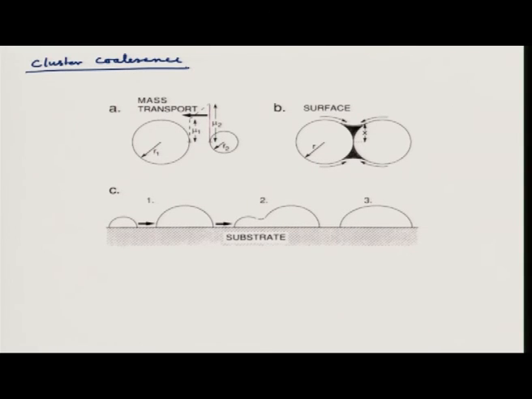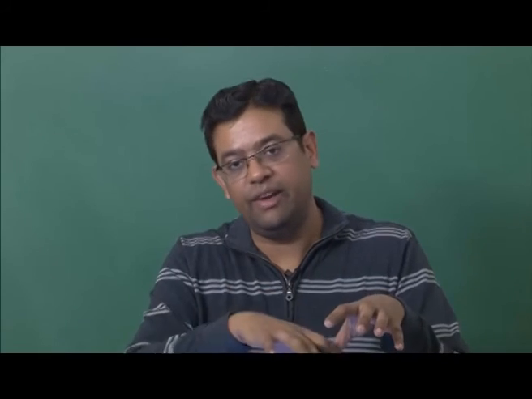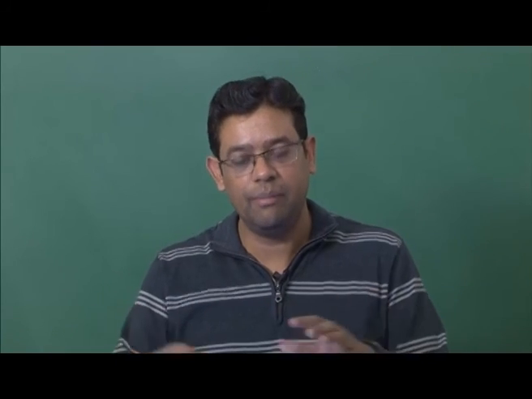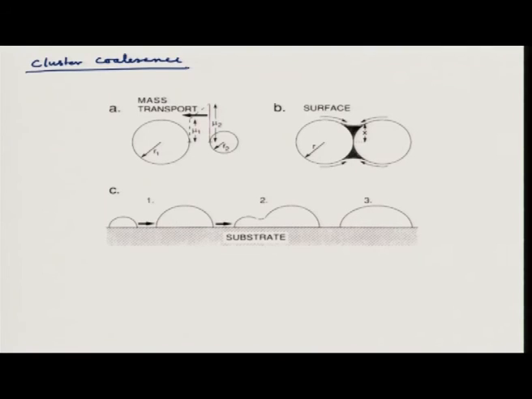So either these nuclei will wait till another nucleus grows in between them and merges them over, or they can transport material between them such that one grows at the expense of the other, or they get sintered. So there are three different processes by which it could happen.